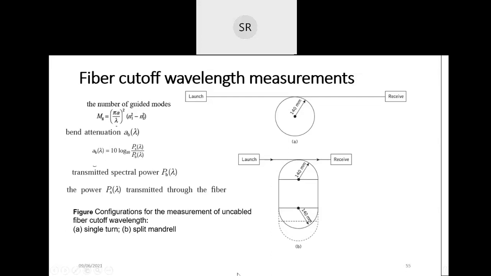Now this technique is used here to measure the fiber cutoff wavelength. First of all we calculate the bend attenuation, and that depends upon the difference between the total power transmitted and the fundamental power transmitted.